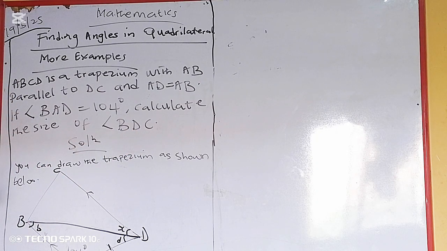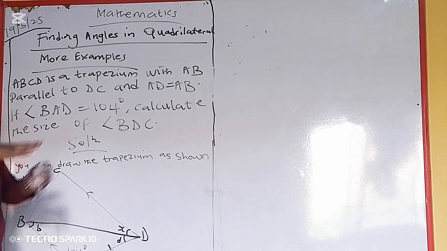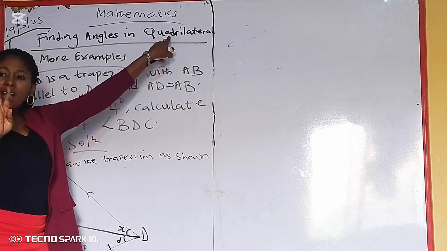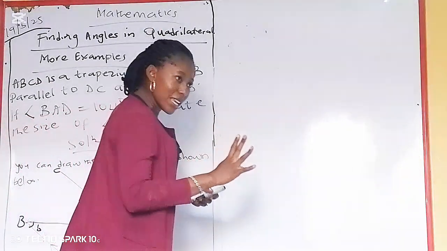Meaning we are going to be looking at two triangles in one. That is a trapezium. Don't forget we said the sum of angles in a trapezium is equal to what? 360. Why? Because a quadrilateral means what? Four-sided shapes.